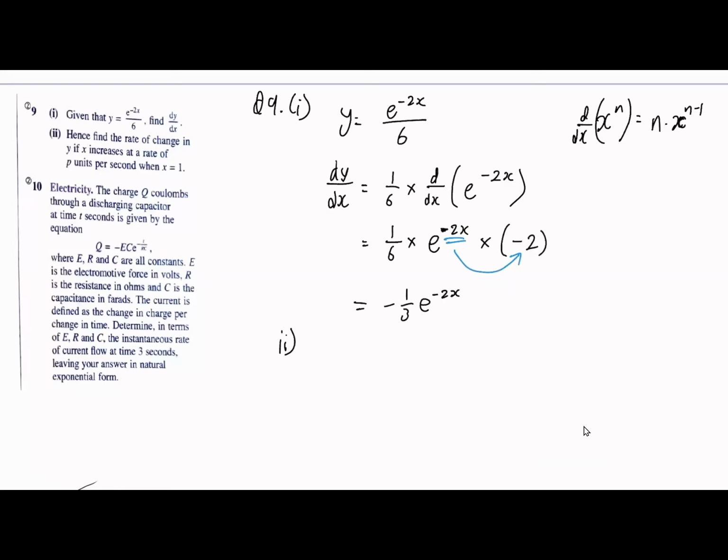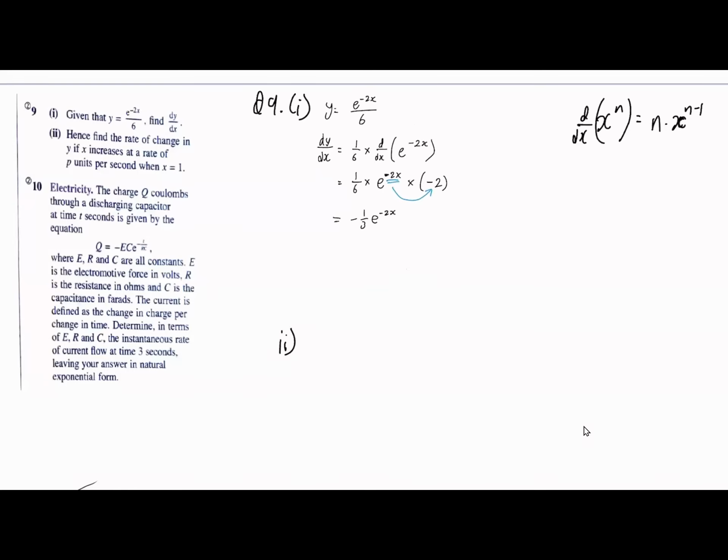Find dy over dt given dx over dt is p when x equals 1.